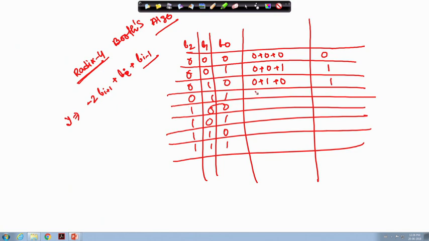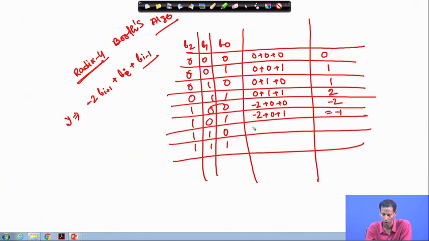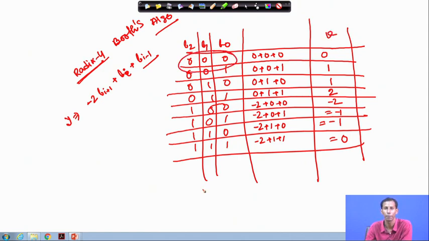For 011, it is 0 plus 1 plus 1, which equals 2. For 100, it is -2 plus 0 plus 0, which equals -2. For 101, it is -2 plus 0 plus 1, which equals -1. For 110, it is -2 plus 1 plus 0, which equals -1. And for 111, it is -2 plus 1 plus 1, which equals 0. So, this is the operation I need for this decoding.